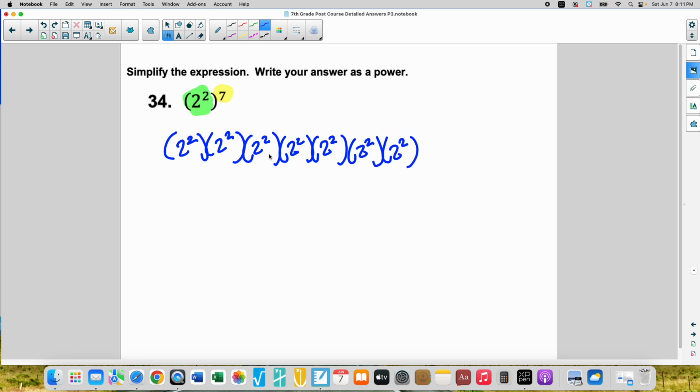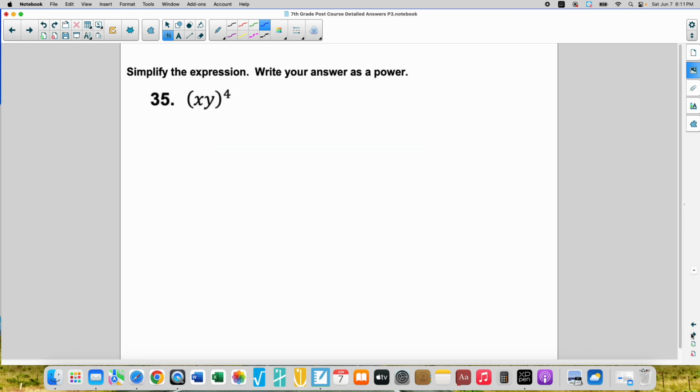So how many do I have multiplying? Well, I have 2, 4, 6, 8, 10, 12, 14. That's 2 to the 14th. So when we have a power of a power, you multiply their exponents, and you get 2 to the 14. And there are 2 in each of those, right? It's 2 times 2 times 2 times 2, all the way to 14 of them.